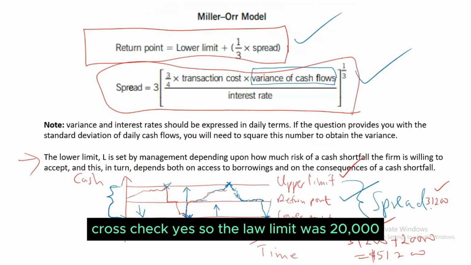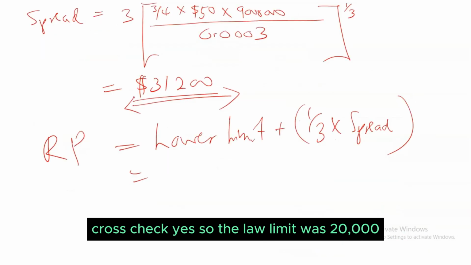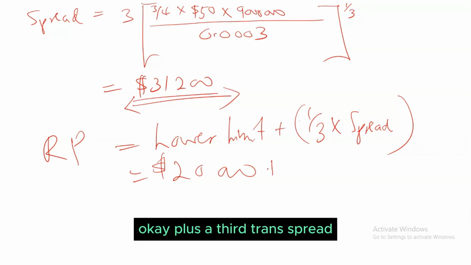Cross check. Yes. So the lower limit was 20,000. Okay, plus a third times spread.